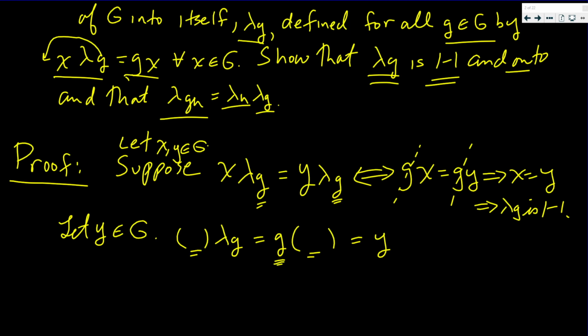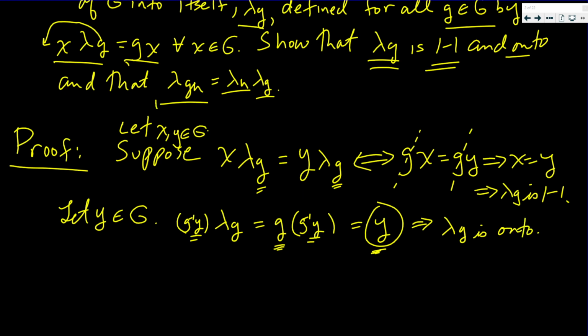You have g, you don't want g, you want y. So you multiply by g inverse, so now you have the identity element. And if you multiply the identity element by y, you'll get y. So there it is. g inverse y, when lambda g maps that, it will map it to y. So this implies that lambda sub g is onto.